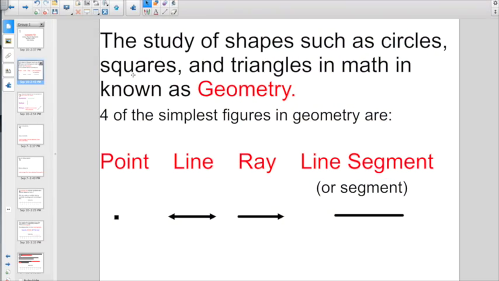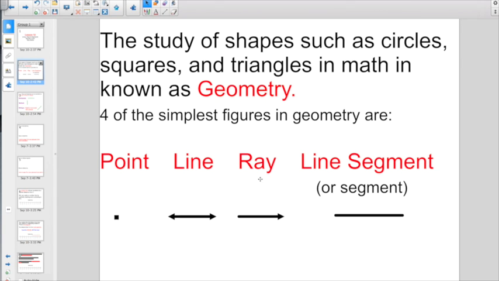So to kick it off right now, the study of shapes such as circles, squares, and triangles in math is known as geometry. And four of the simplest figures in geometry are a point, which is just a dot. You have a line, which has arrows on both sides, and that represents the fact that it goes on for infinity in either direction.